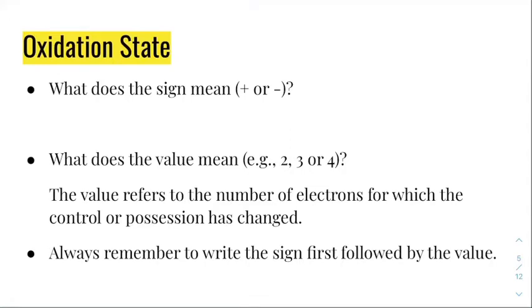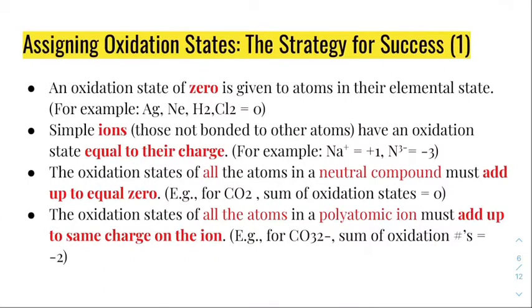Negative means it gained possession or control of the electron, while the value just indicates the number of electrons whose control or possession has changed. Remember that we need to write the sign first, then the value comes later.